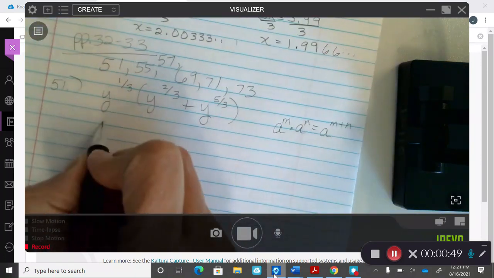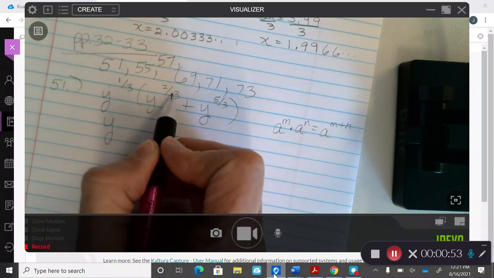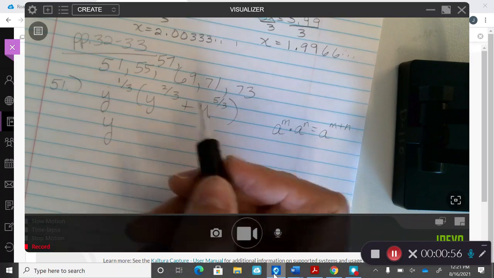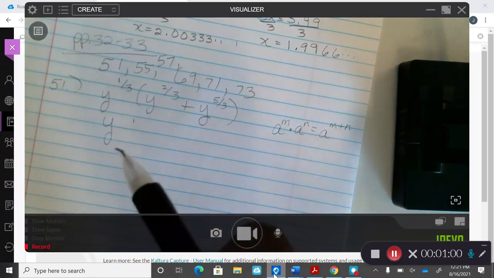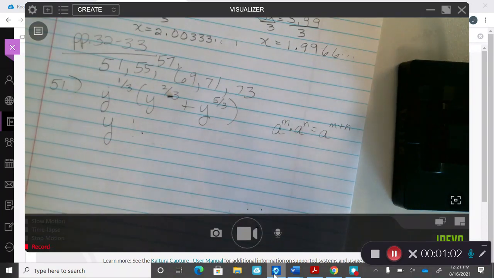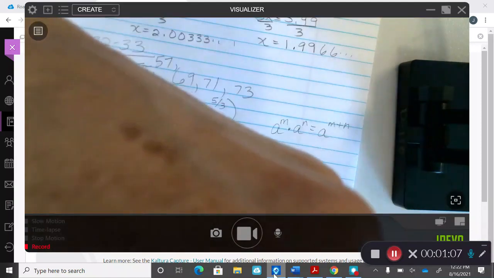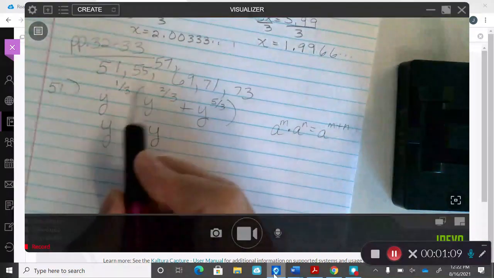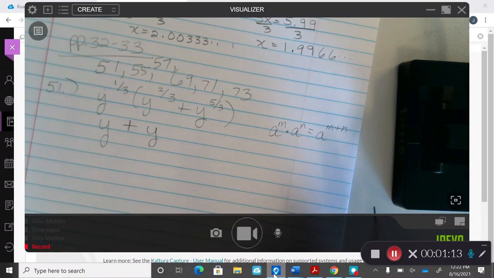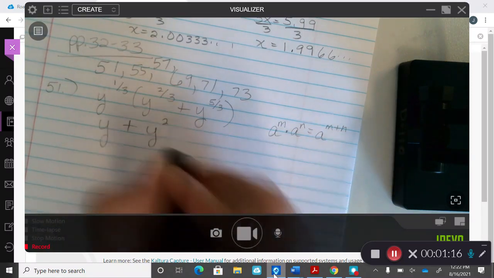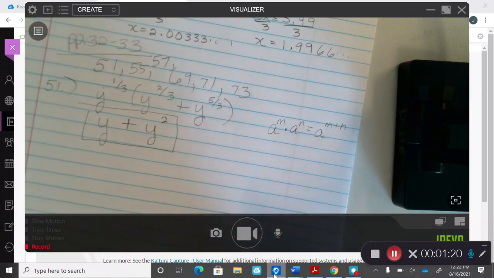So y to the 1/3 plus 2/3 would be 3/3, which is just 1, y to the first, plus y to the 1/3 plus 5/3 would be 6/3, is squared, right? There it is. Not as hard as we thought it was.